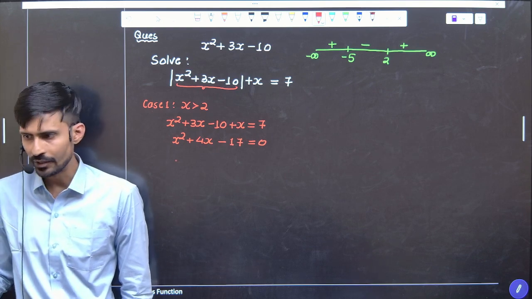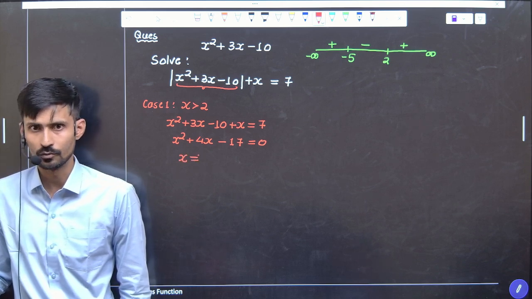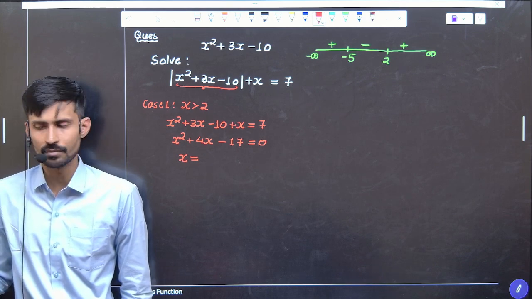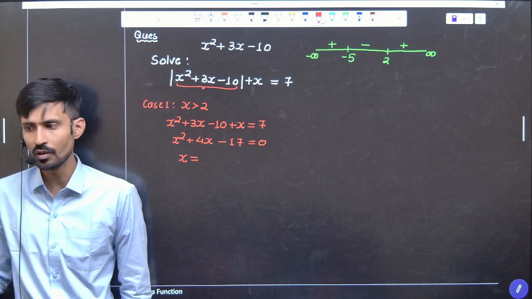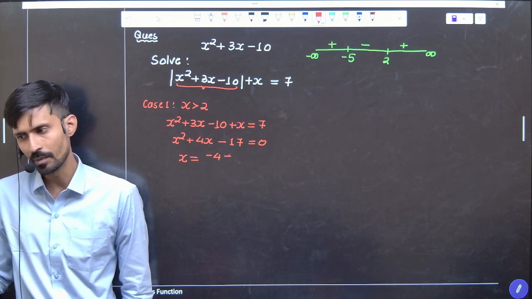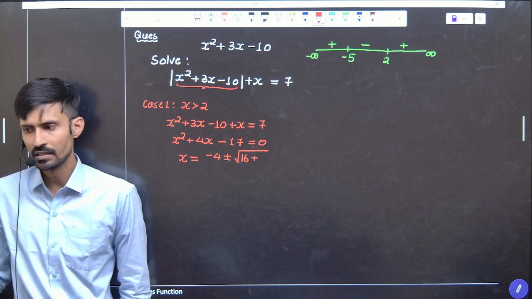And now we'll find the root over here. x will be equal to, I don't know the root now, I will have to find it. a is 1, b is 4, c is minus 17. So minus b, that is minus 4, plus minus root under 16 plus 68.